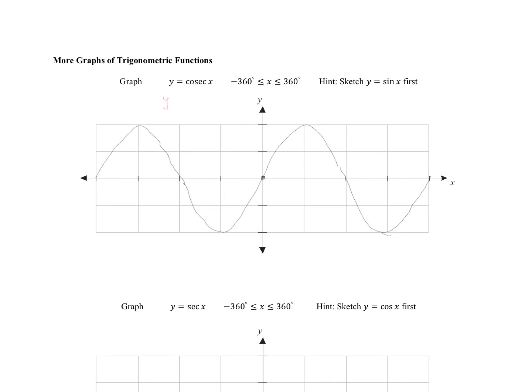So we're looking at y equals 1 over sine x. Now, what's going to happen then? Are we going to have a continuous graph, or are there values that we can't have?